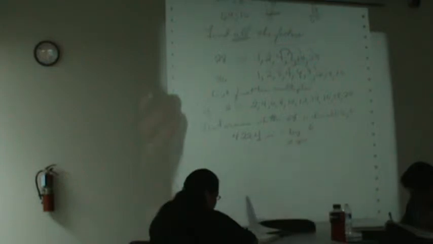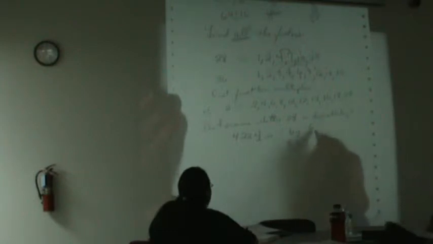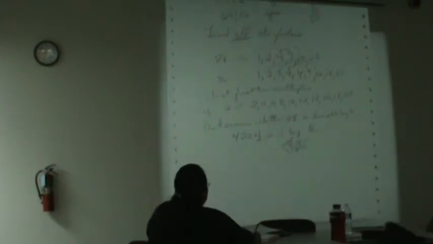Is it divisible by 2? Yes. Is it divisible by 3? Yes. 4, 8, 9, 10, 11, 12. So, yes, it's divisible by 6. See, that's easier than having to do all that division. Just do those 2 rules and you've got your answer. Okay? So those are fine with you guys?